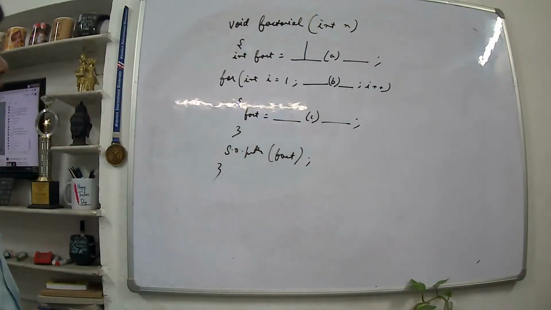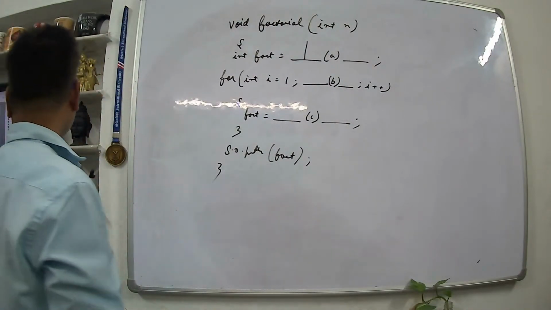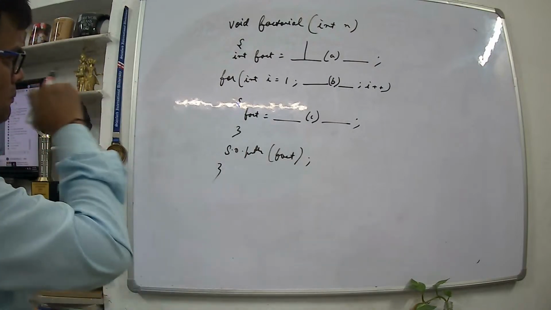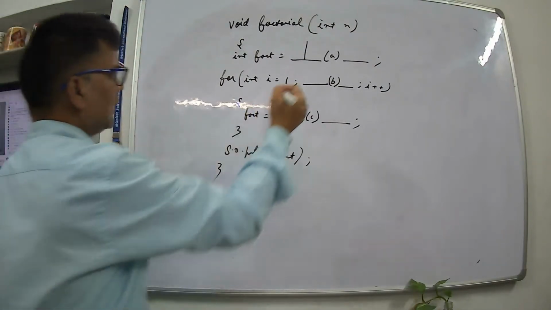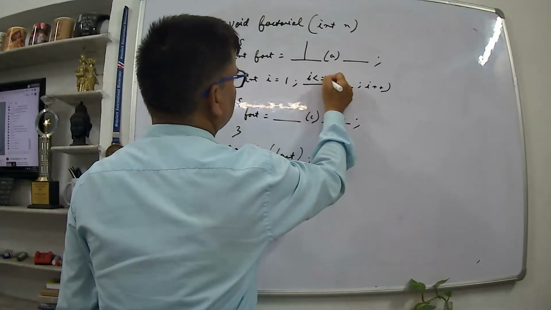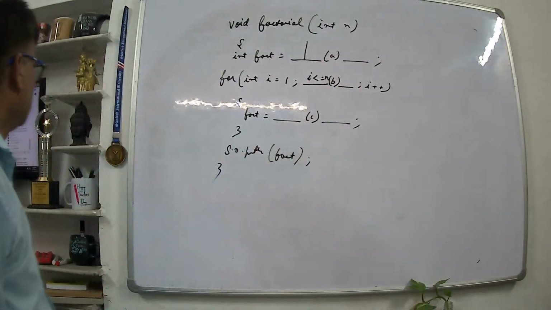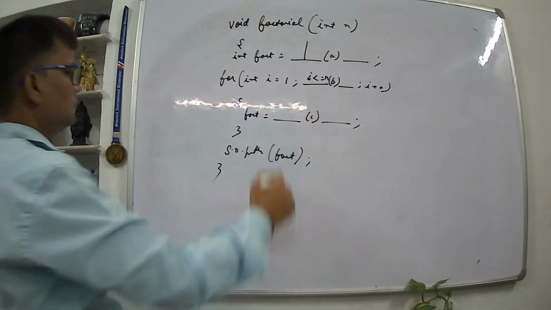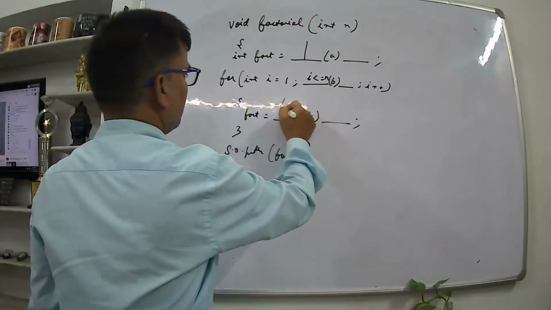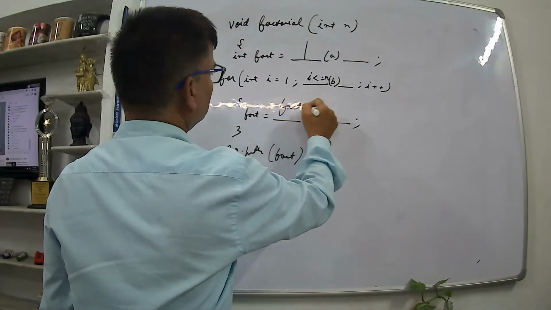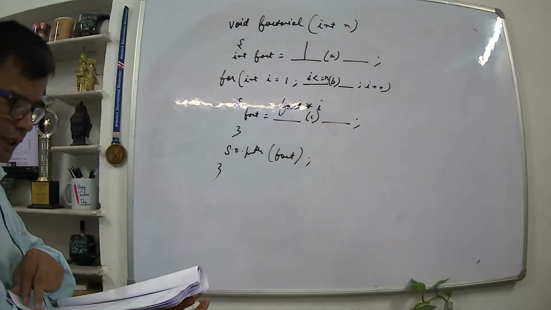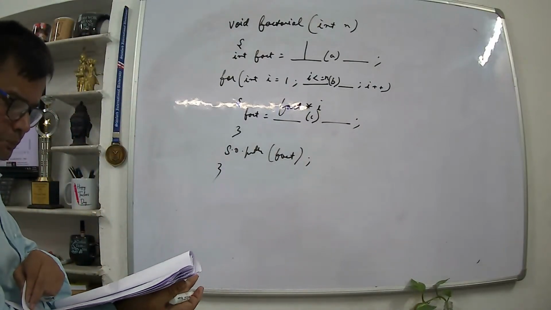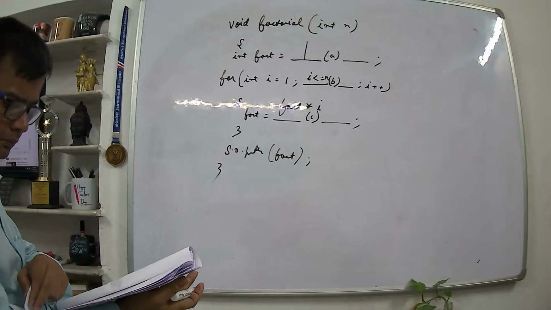For int i equal to 1, option B, what should be there? It has to go till n, so it should be i less than equal to n. Fact equal to fact into i. So you might get questions like this also.